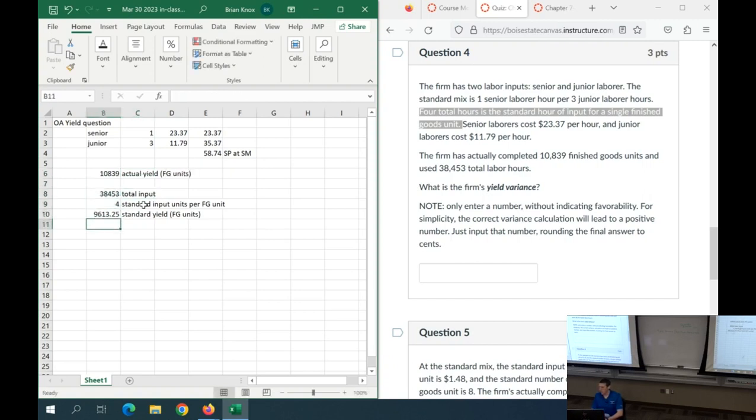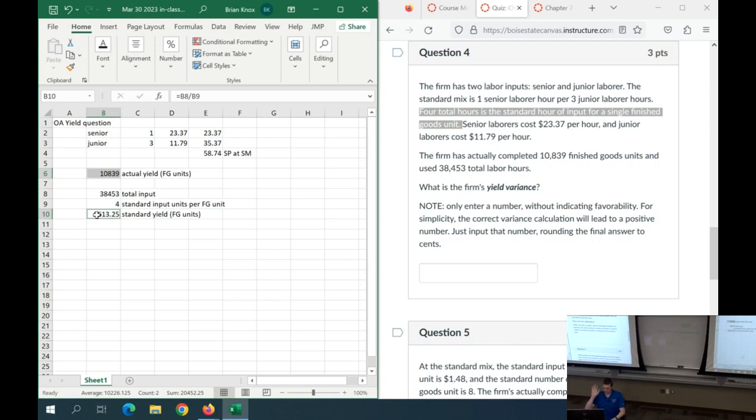Okay, so this is going to be a favorable yield, even though we're not used to that. We're used to, if actual is greater than the standard, whatever the lever is we're pulling, then that's bad. In this case, we've flipped it around, we're holding constant the input and letting the yield move.